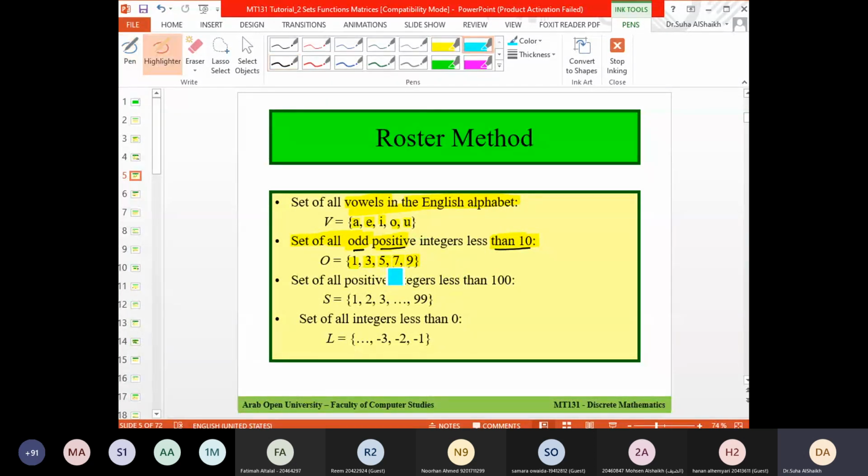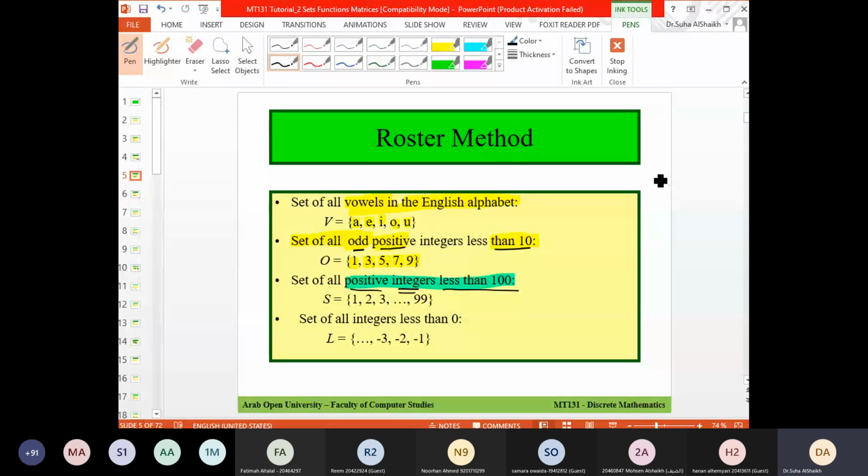طيب if I'm asking you about positive integers less than 100, بس البوزيتيف integers less than 100 ننتبه ان الword less than 100 معناها اقل من 100 so the 100 is not included. Be careful. When we say positive الزيرو مو معاها. اوكي وانتجرز ننتبه لكلمة integers، الانتجرز اللي هي الأعداد الصحيحة.